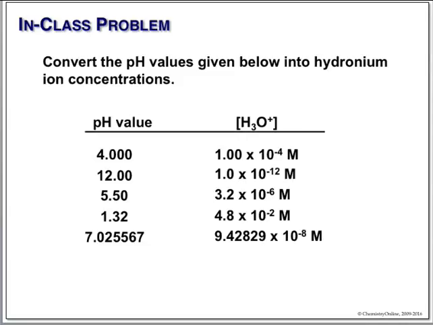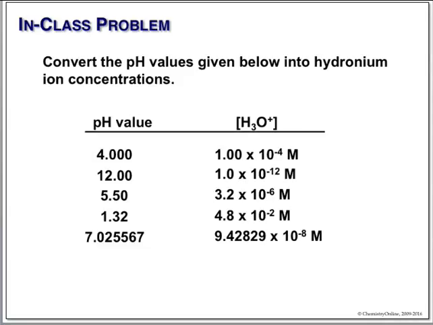I got a question. When you put it in the calculator, it doesn't come out like that. If you're doing it right on your calculator, and you type in minus 4, and then hit 10 to the x, you should get 1 times 10 to the minus 4.